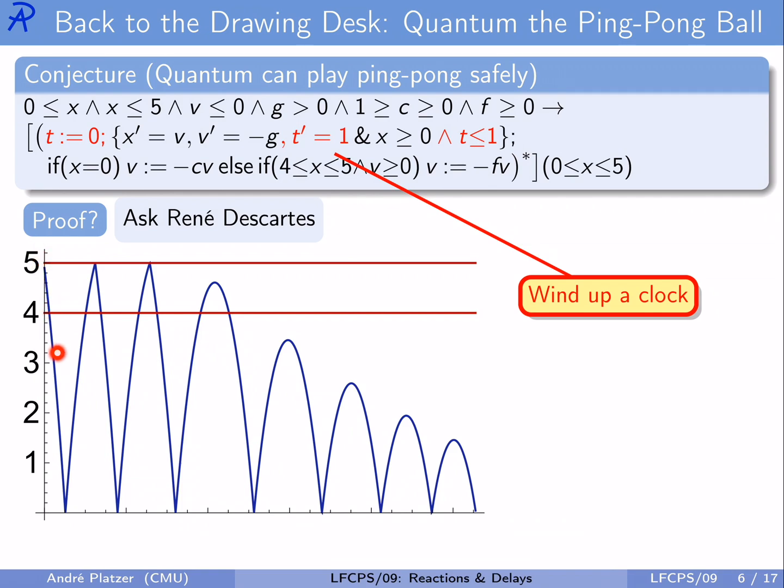So for example, here we follow it until we're, say, here, and then we follow it until we're here, and then here, and then here, and so on. Okay, cool. In particular, we kind of sort of wind up a clock here and measure the progress of the duration of the differential equation every time it runs.